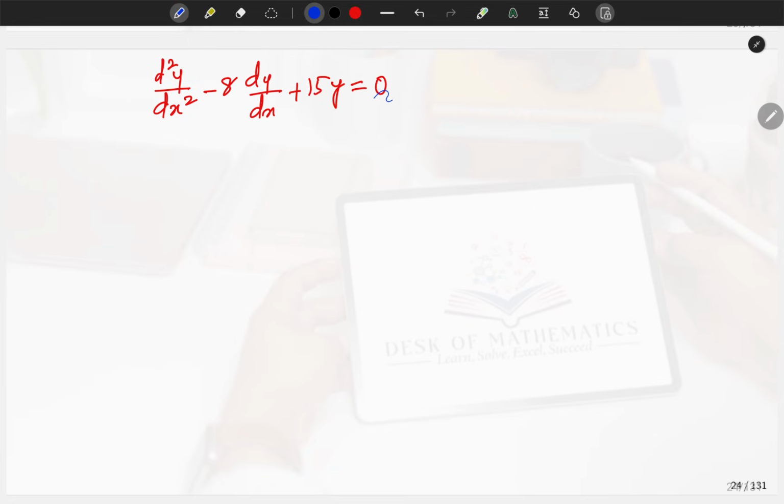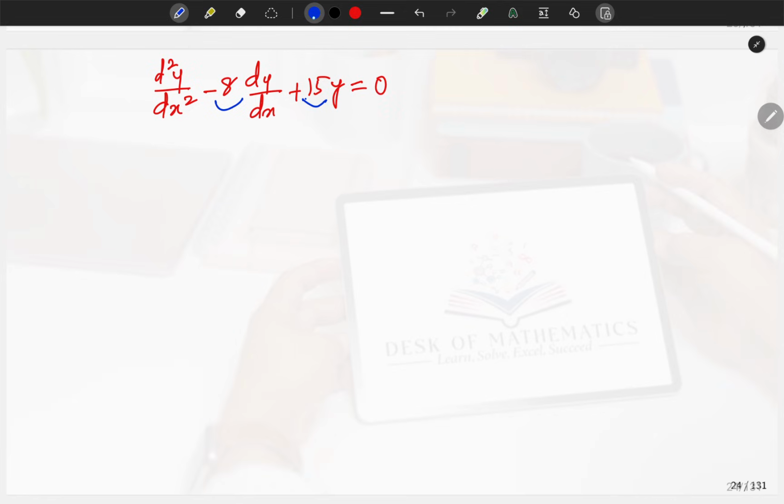You can check that the RHS is 0, and on the left hand side the coefficients of the derivatives are constants. So this is a constant coefficient higher order differential equation. How are we solving this? The RHS is 0, so the solution we are going to find is the complementary function.